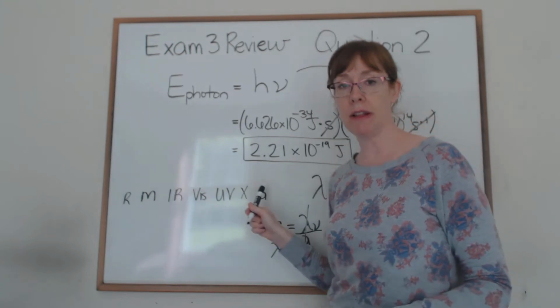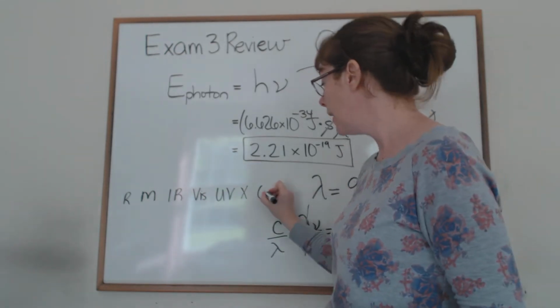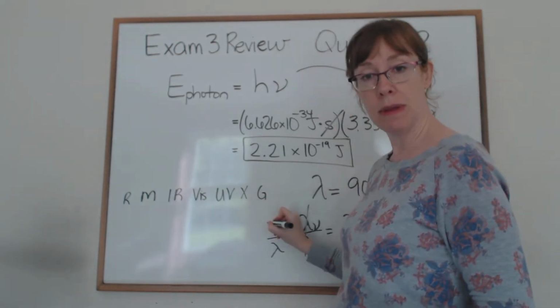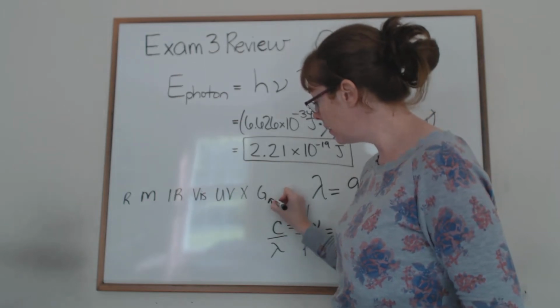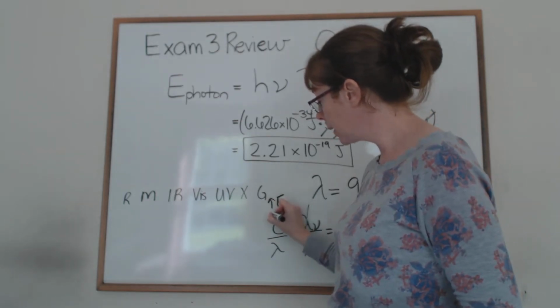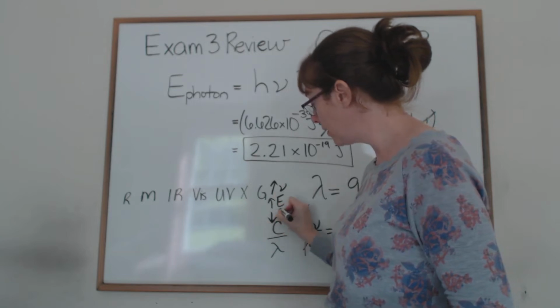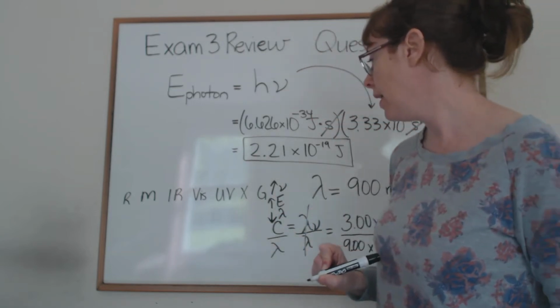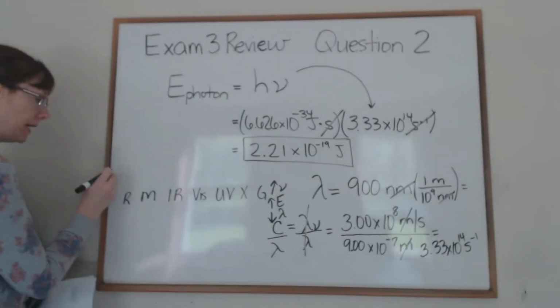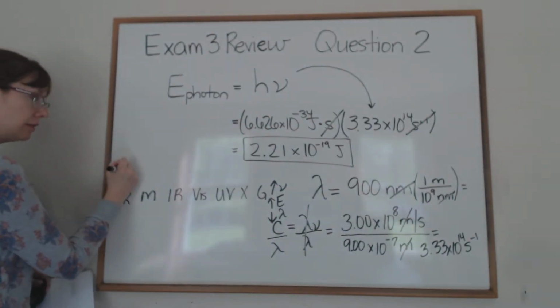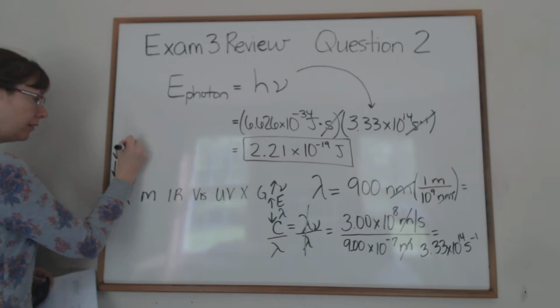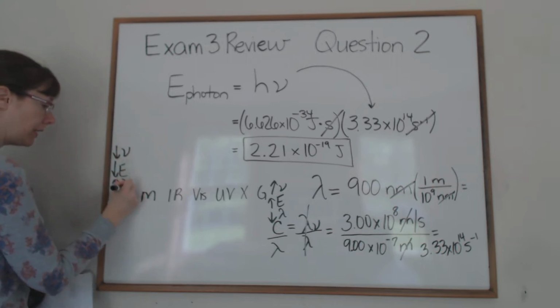These are all the different types of electromagnetic radiation. With gamma, this side of the electromagnetic spectrum being the high energy, high frequency, but short wavelengths. And then this side being the low energy, low frequency, long wavelength, or large wavelength.